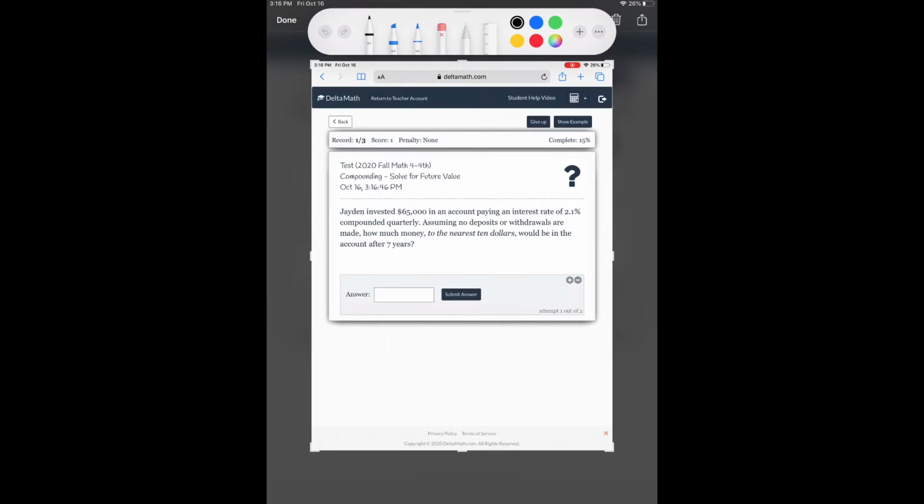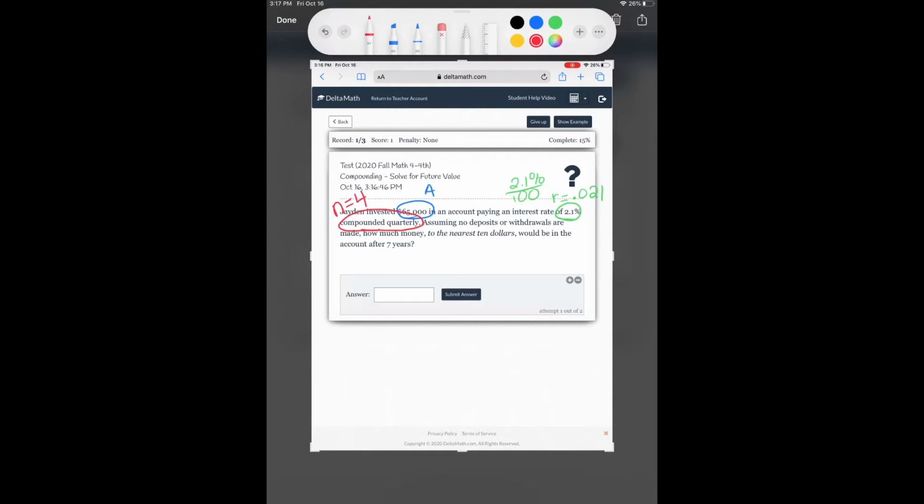This one's quarterly. All right, so let's look at quarterly. It says Jaden invested $65,000 at 2.1% compounded quarterly. So we have our initial value, a. We have our interest rate, but we can't do 2.1%, we're going to divide it by 100, so my rate is going to be 0.021.